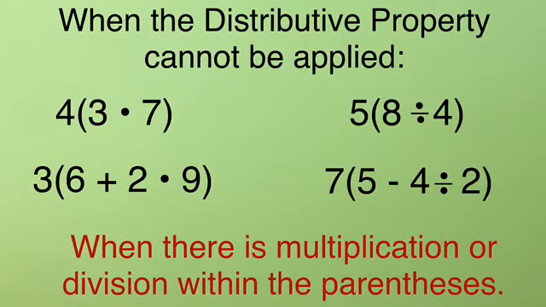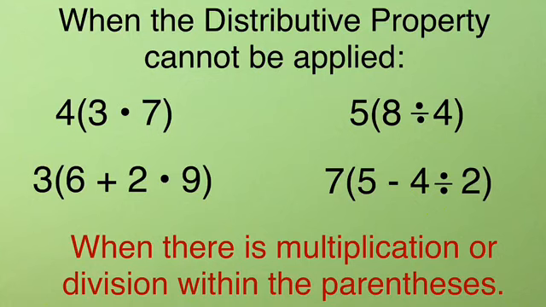You may have noticed that all the examples I've given you so far have a number or term on the outside of a parentheses. That always means multiply. You may have also noticed I've only had the operations of addition or subtraction inside the parentheses. This is because the distributive property can only be applied when there's addition or subtraction inside the parentheses.